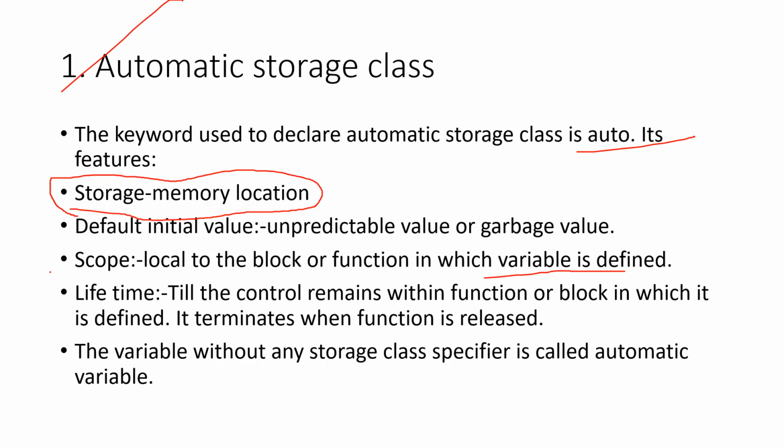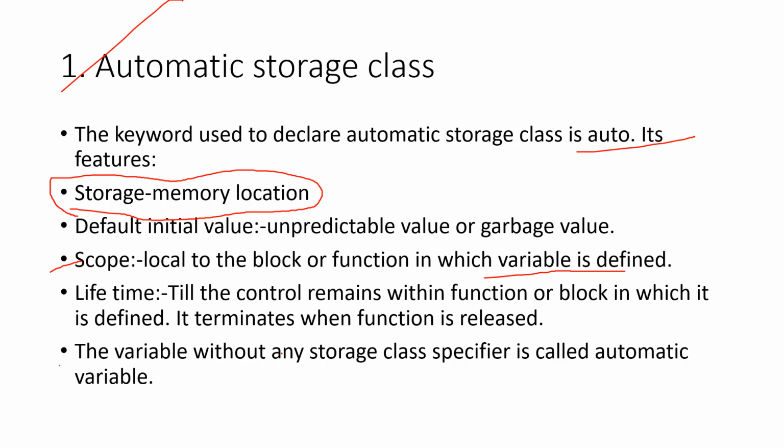Lifetime is until the control remains within the function or block in which it is defined, and it terminates when the function is released. The end of function scope ends its lifetime.